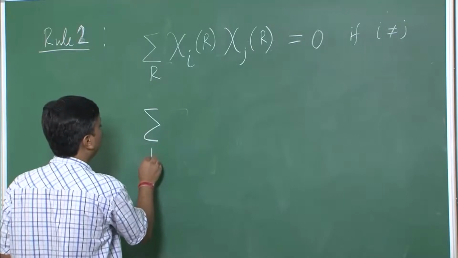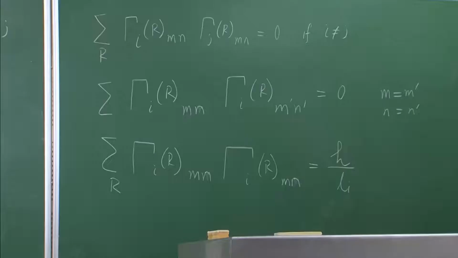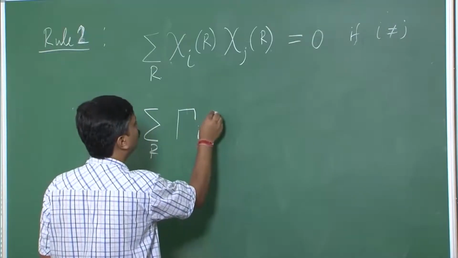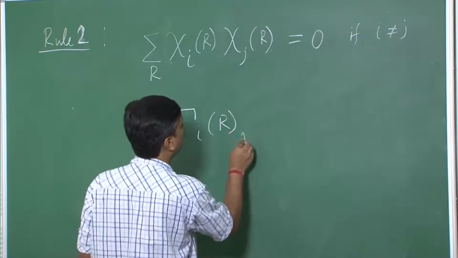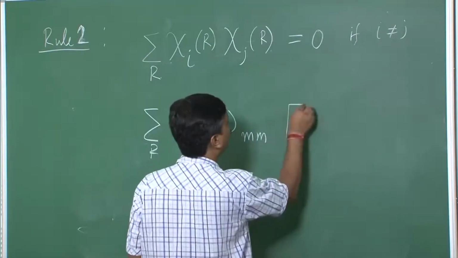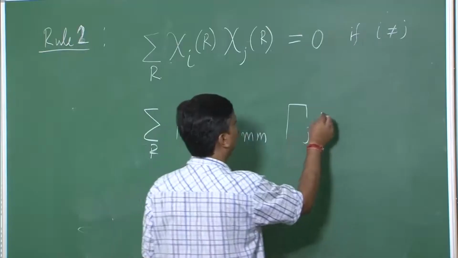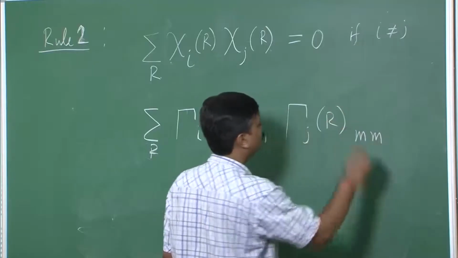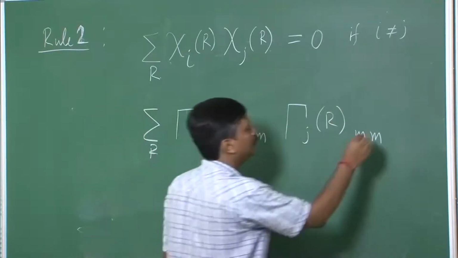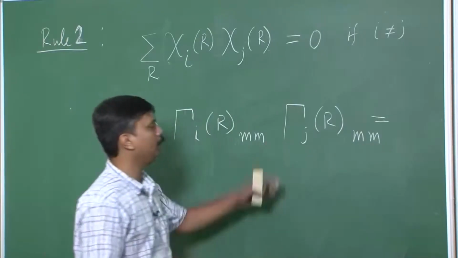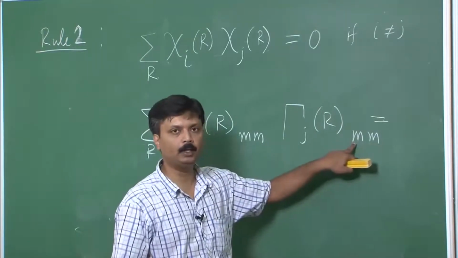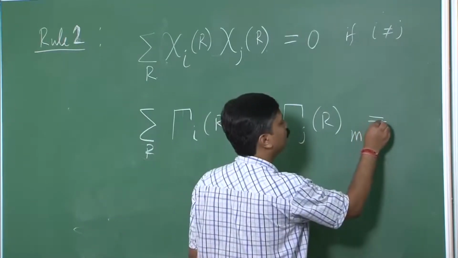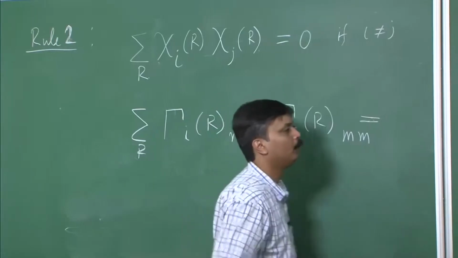If I look at the first equation, what we can write is, here I am using only m equals to n. Rest of the things are the same. So what should this give me?